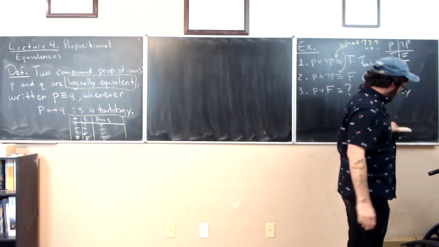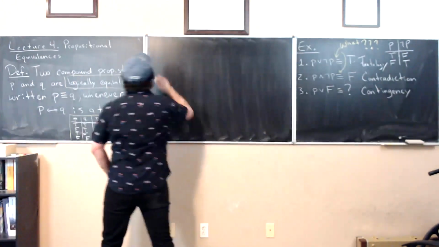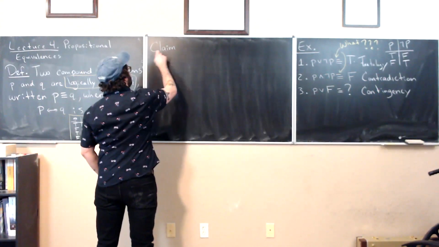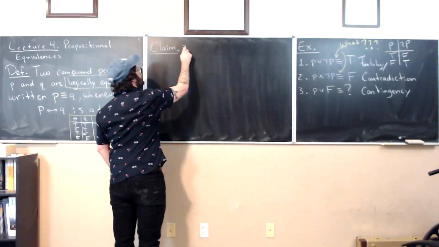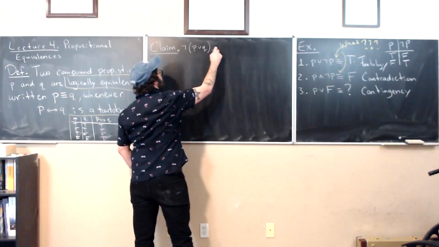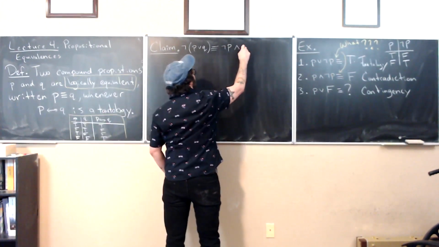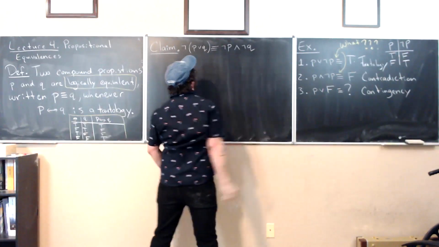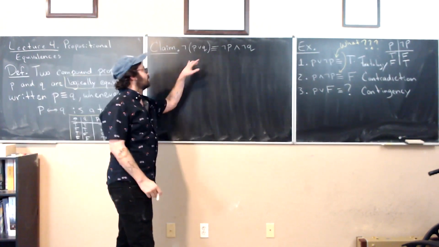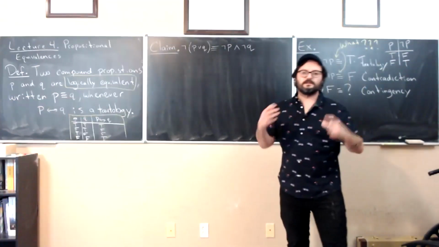Okay. So I'm going to write a claim down. The negation of P or Q, I claim that's logically equivalent to not P and not Q. So with words, this is saying that the negation of the disjunction is the conjunction of the negations.